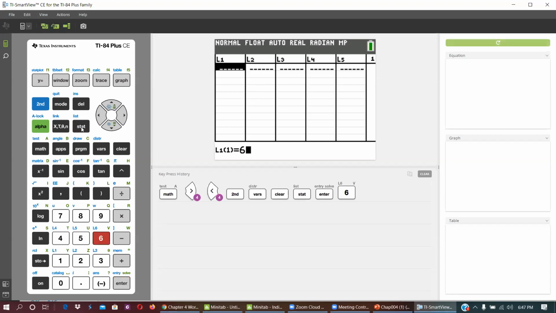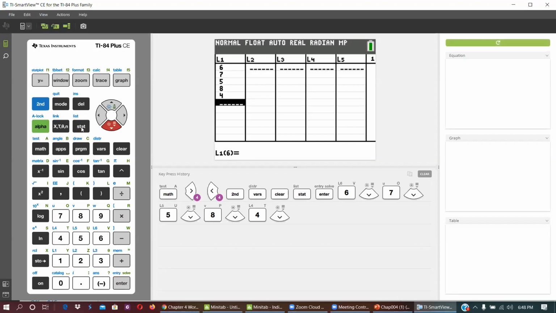Let me do it myself. 6, 7, 5, 8, 4. Can you see this? I've entered all these numbers right here, the ones we used in our calculation. So our data is right here in the L1 column.